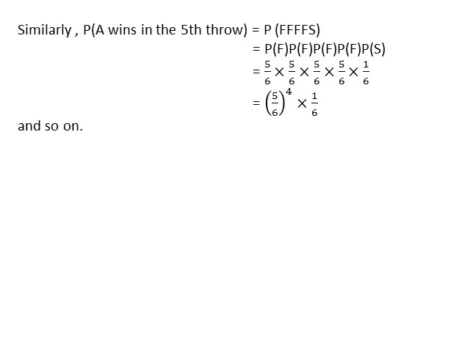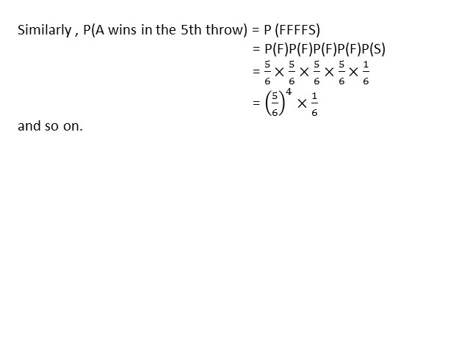So the probability that A wins in the fifth throw equals 5 by 6 multiply 5 by 6 multiply 5 by 6 multiply 5 by 6 multiply 1 by 6, equals 5 by 6 whole raised to power 4 multiply 1 by 6. Now, if A didn't get 6 in the fifth throw, then A gets 6 in the seventh throw.